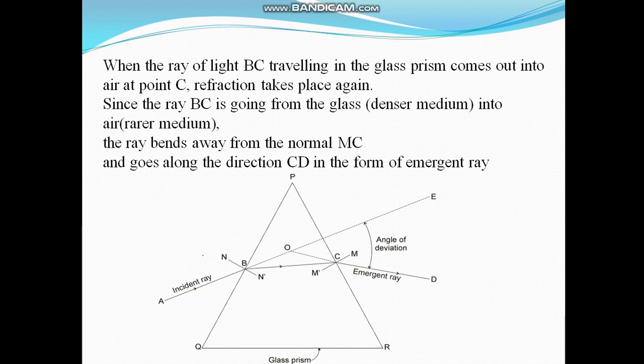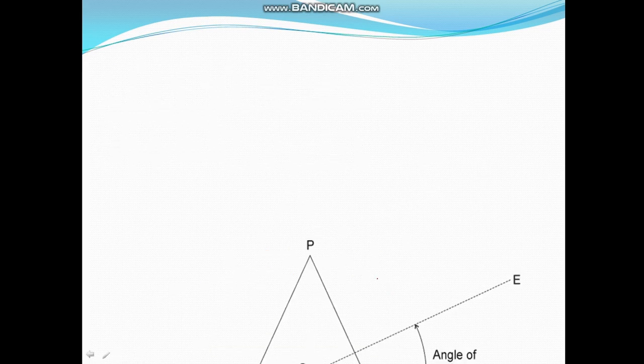So you can see that this incident ray suffered one refraction at this place and another refraction over here. Initially it was traveling in air, it entered glass and it bent towards the normal. This would have been the path of the ray had this glass not been there. Here it bends towards the normal, and here it bends away from the normal. So two refractions have taken place when light travels through the glass prism.